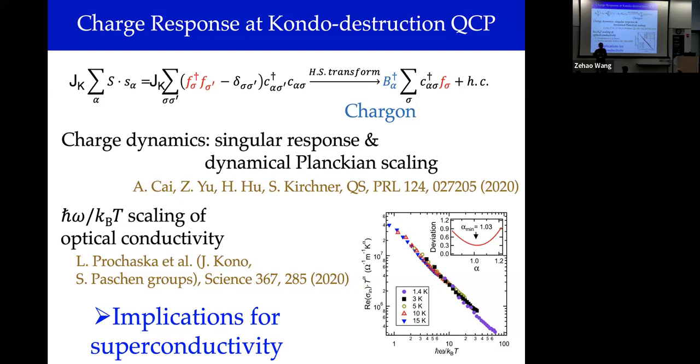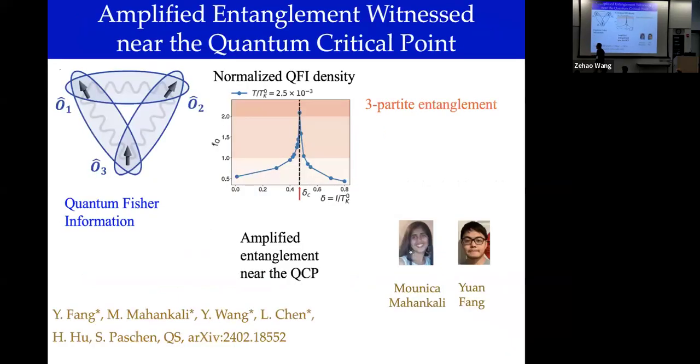Given that the Kondo singlet, up-down minus down-up, is a maximally entangled state, entanglement seems to be a very natural agent for coupling the charge into the critical sector when spins should be there. So that actually motivated us to think about the entanglement aspect.